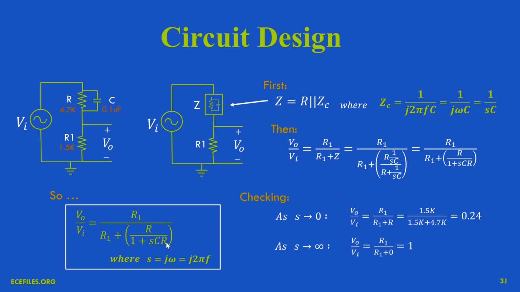Does that hold for this expression? Well, if S is 0 here, then this part goes away and we just have R over 1. So we have R1 over R1 plus R. There it is. We put the values in, 0.24, that's what we knew from before, so that seems okay. Likewise, when S or F goes to infinity, we have R over 1 plus infinity, which means everything in parentheses is 0, and the result is 1.